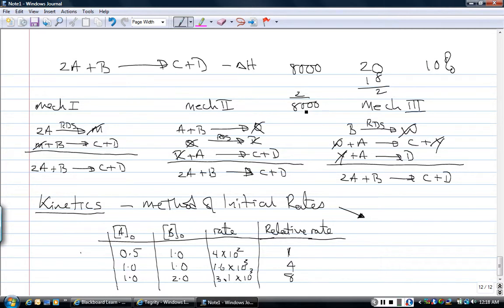The other reason that we use the method of initial rates is that sometimes the product of a reaction turns around and interferes with the reaction. A good example of that is here. If you take an ester and treat it with water, the ester will undergo a process called hydrolysis, and it will generate a carboxylic acid and an alcohol.